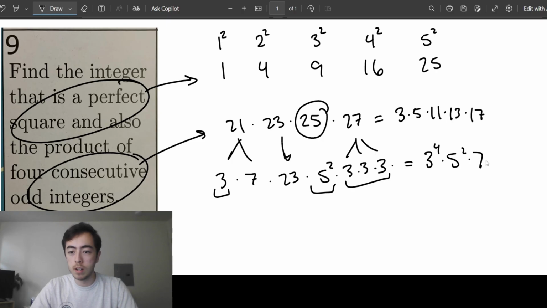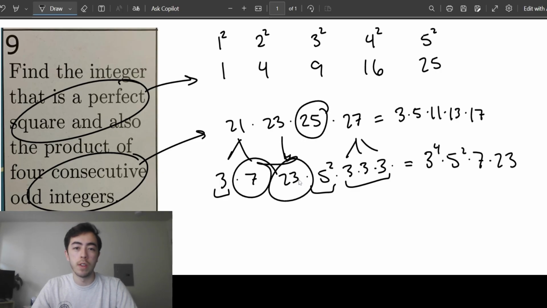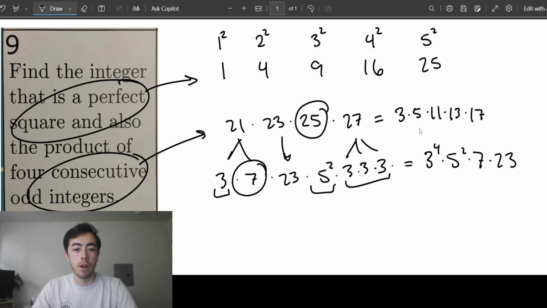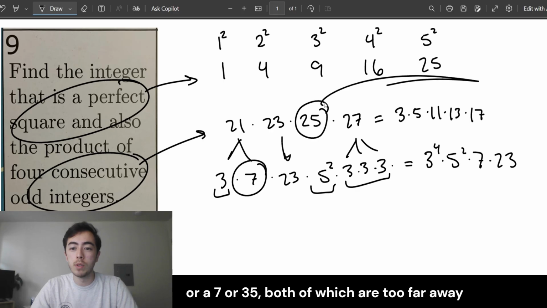My claim here is that we're not going to just be able to guess and check this and try to get an answer, because we're always going to be left over with a straggler one or two primes. The only way for us to get an even number of 7s in our prime factorization is to get a 49 in here, and then the range between the 25 and the 49 is, again, too great.